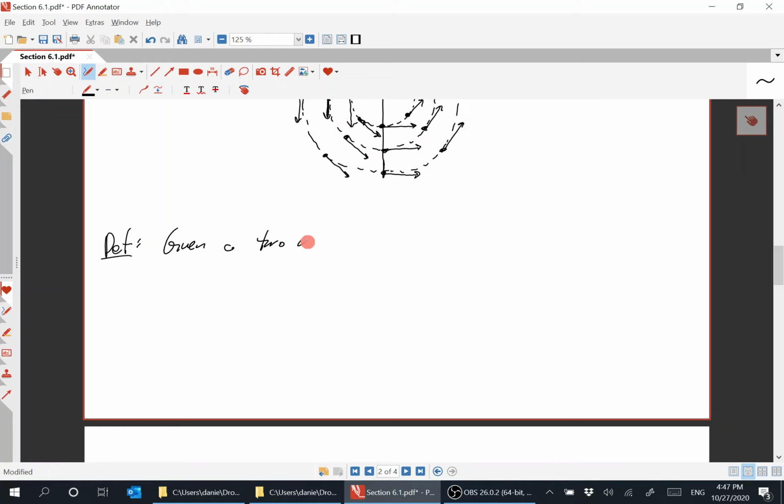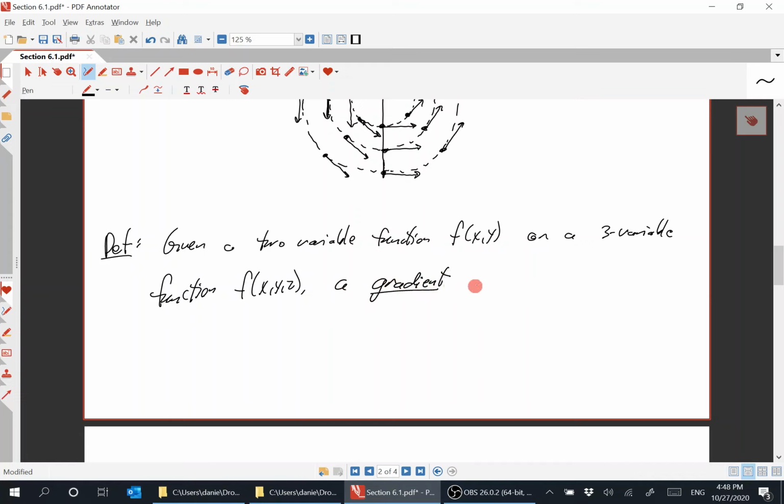Given a two-variable function f of x, y, or a three-variable function f of x, y, z, a gradient vector field with potential function f is as follows.